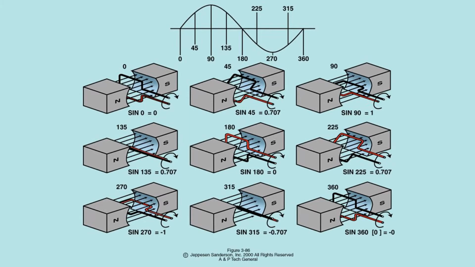This series of pictures shows that voltage and current reach their peak when moving 90 degrees to the lines of flux, and go to zero when moving 0 degrees to the lines of flux. This series of pictures also illustrate why polarity and current direction change each 180 degrees rotation of the conducting wire.